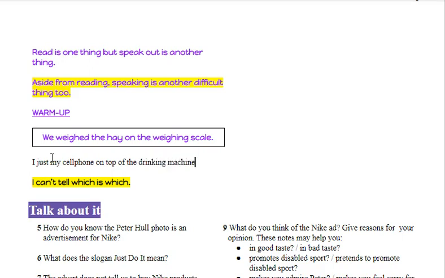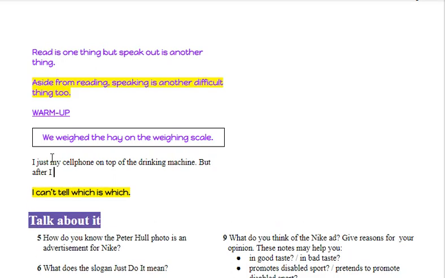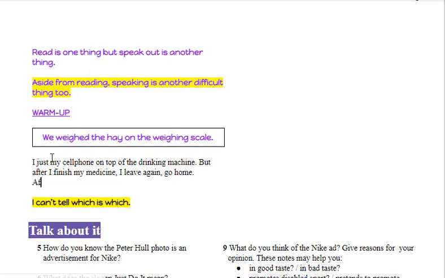But after I finished my medicine, I just left and went home. After I arrived home, I discovered that my phone was lost. And my mom said, just keep fighting. But I can't find it.